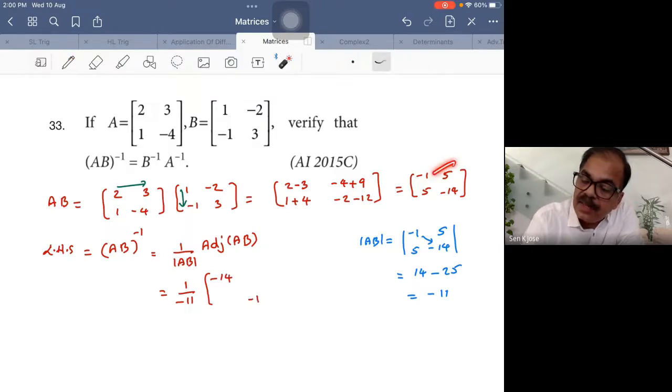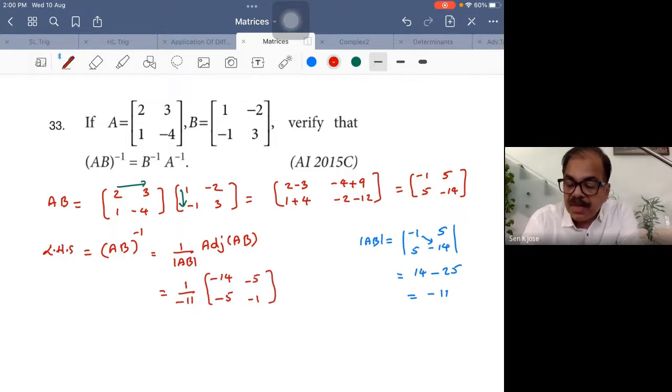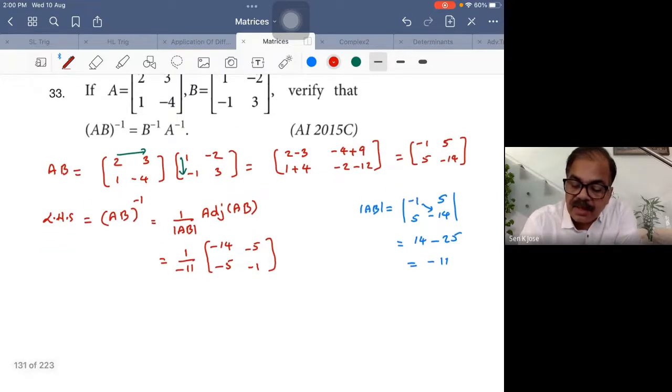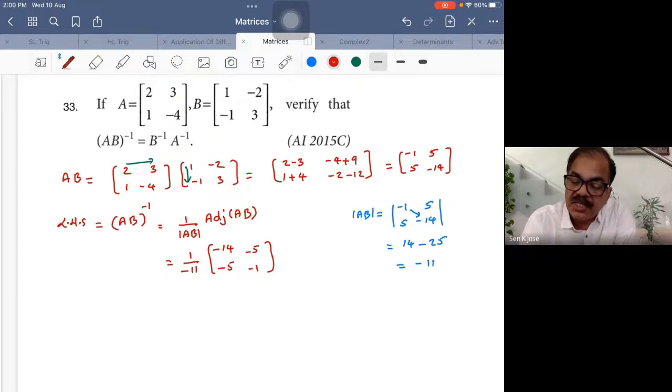Then make the other elements with opposite sign. So it's going to be negative 5 and negative 5. That's your answer, or maybe you can take a minus sign out since there is a minus sign common, or you can divide every element by minus element. It's all up to you. Maybe I can come back to this and then modify after looking at the right hand side.